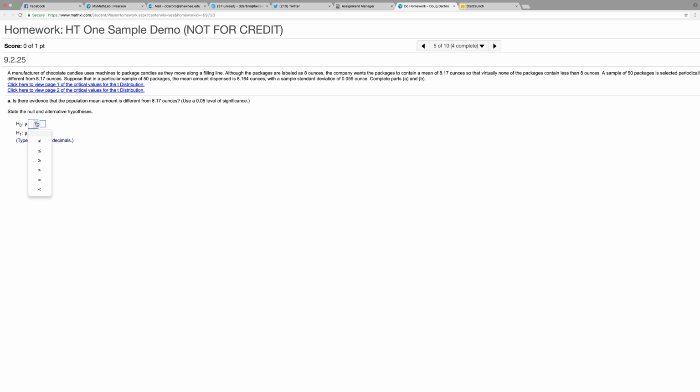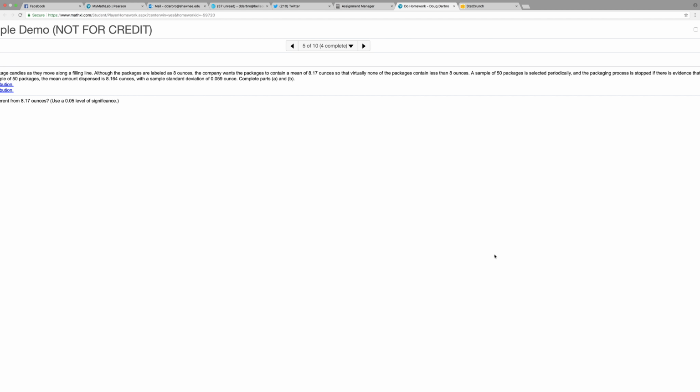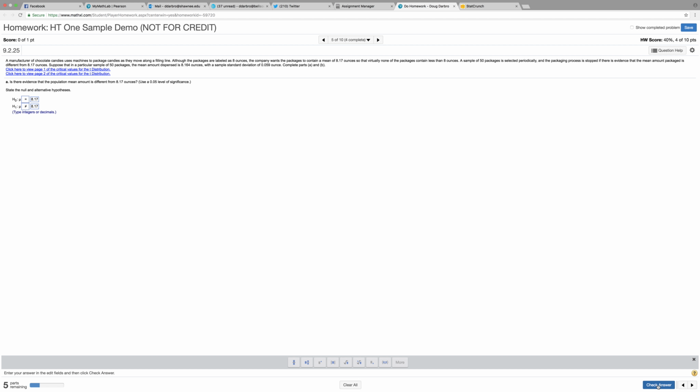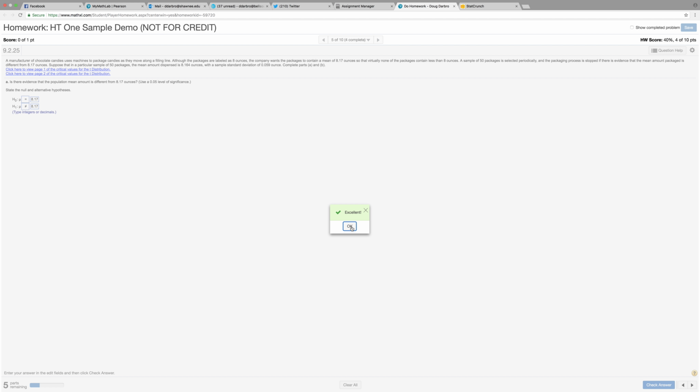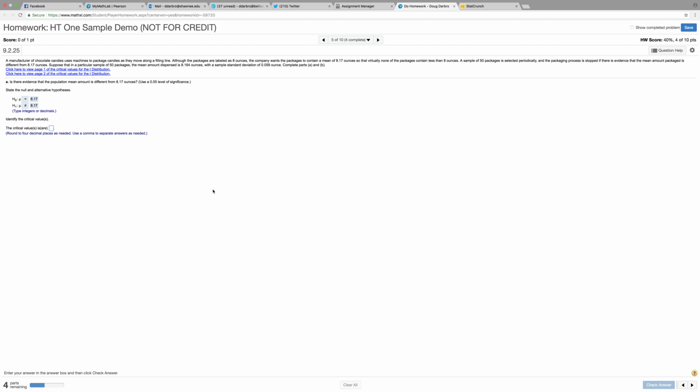So we're going to have the null equal to 8.17, and the alternative not equal to 8.17. Now guys, I'm not above making a mistake on purpose, just to see if you guys are catching it. This isn't it, but who knows.